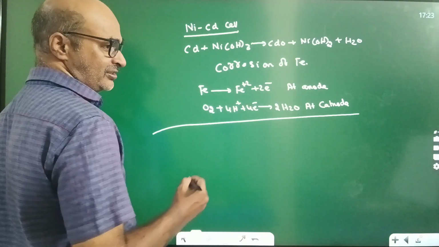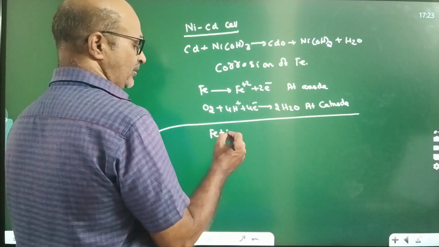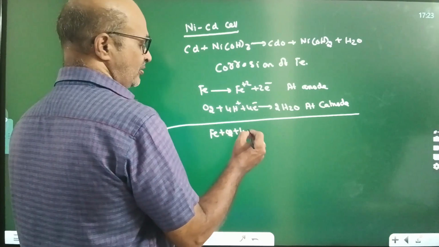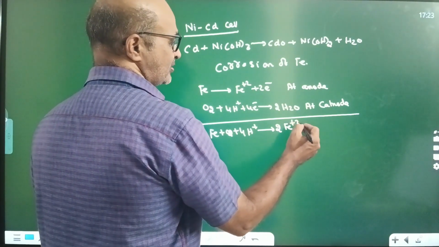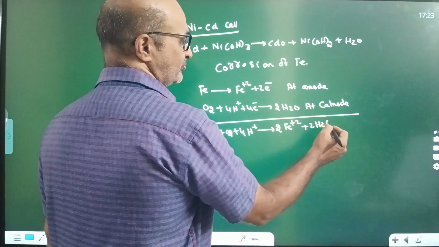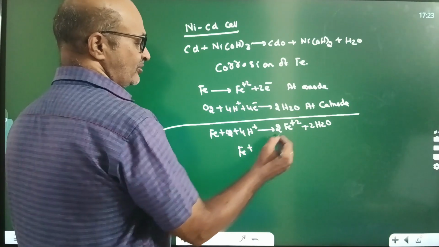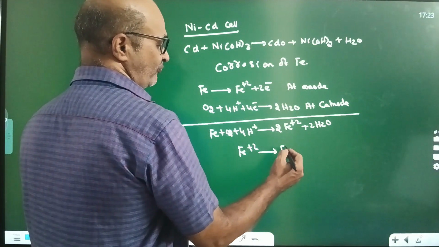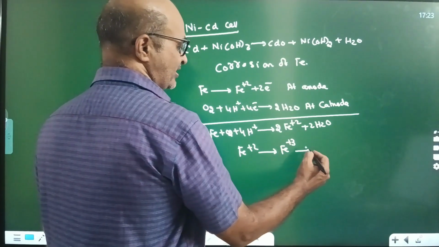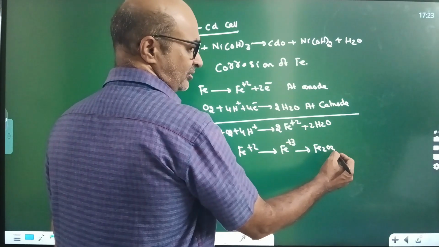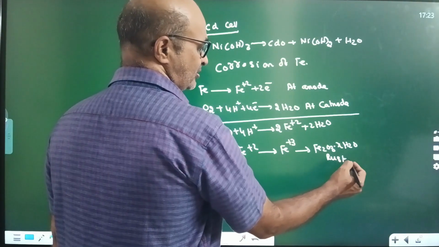The overall reaction is Fe plus O2 plus 4H+ gives rise to 2Fe2+ plus 2H2O. So actually Fe2+ is formed. It is changed to ferric ion and it is changed to rust, Fe2O3·xH2O. This is rust.